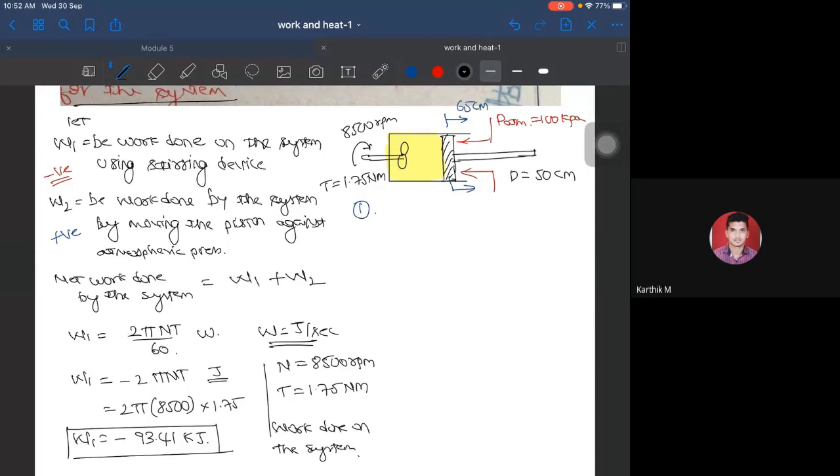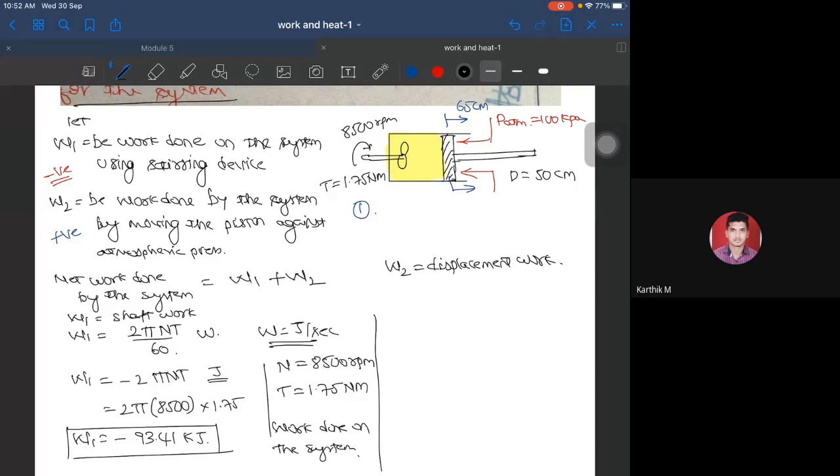Now you have to go for work done two. You can just write it here before this. So work done one is a shaft work. Now work done two is your displacement work. So how do you calculate it?